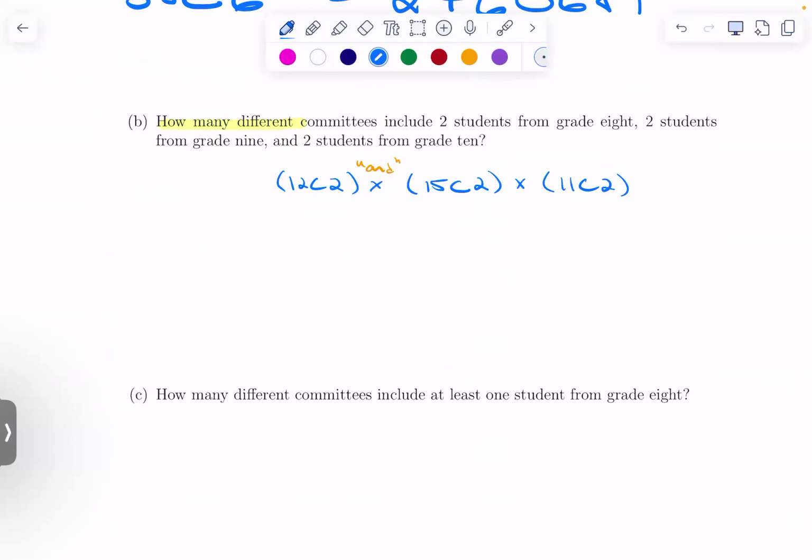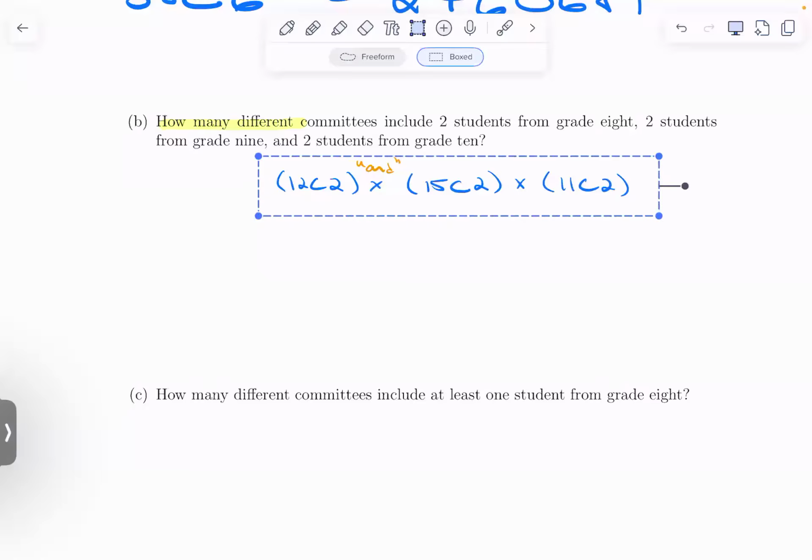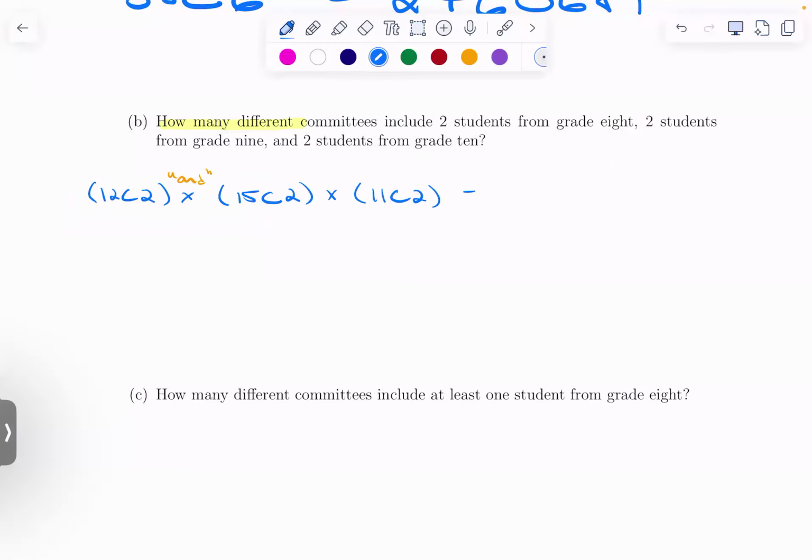Let's see here. 12 choose 2, I got 66, times 105, times 55. Hopefully that's correct. I kind of whipped it together. Once I multiply that out, I get 381150. Blow that up.